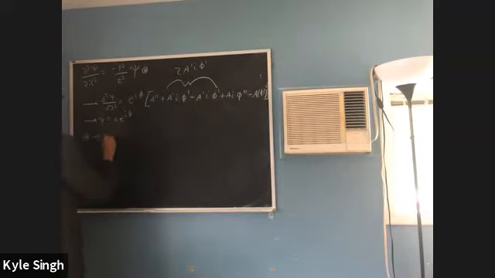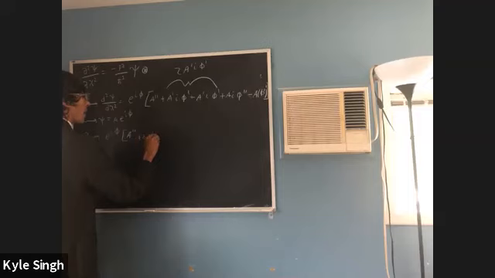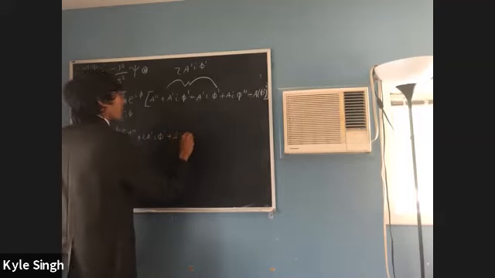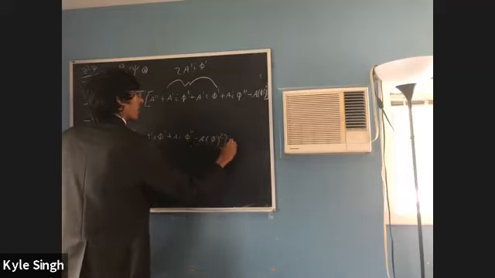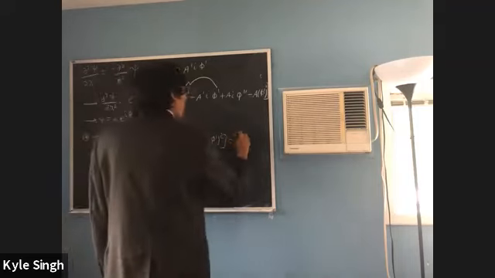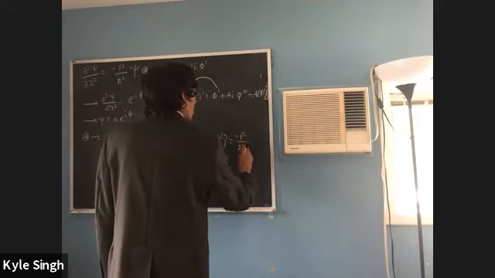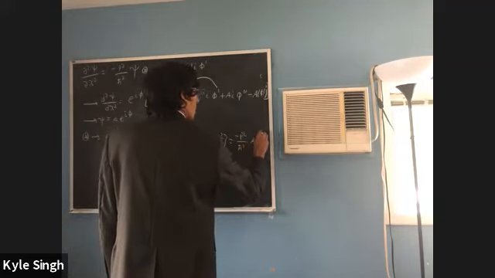You just get e to the i phi, this whole thing, a double prime plus 2a prime i phi prime plus a i phi double prime minus a phi prime squared equals minus p squared over h bar squared a e to the i phi.